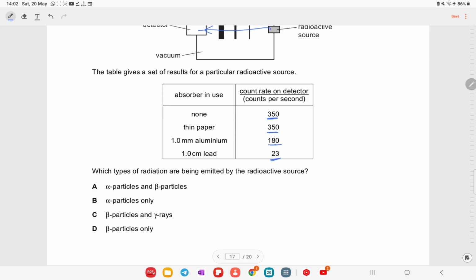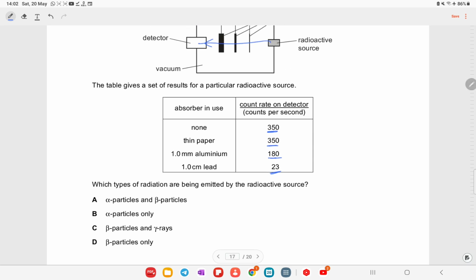Which type of radiations are being emitted by the radioactive source? Is it alpha and beta, alpha particles only, beta particles, and gamma, or beta? Now you see, alpha has very little range, but beta and gamma have a greater range. The gamma rays can pass through the lead as well.